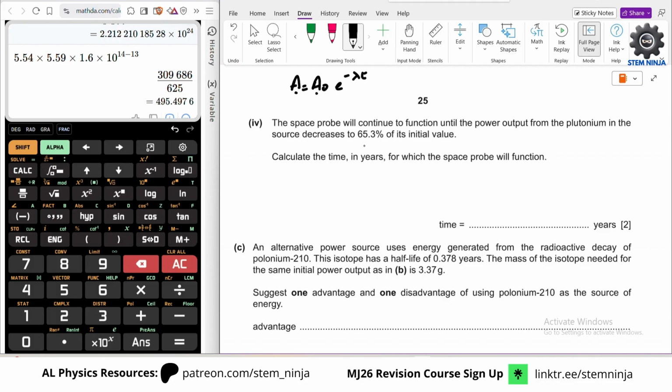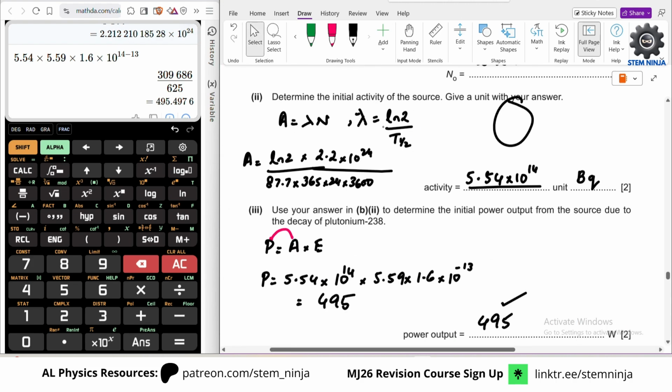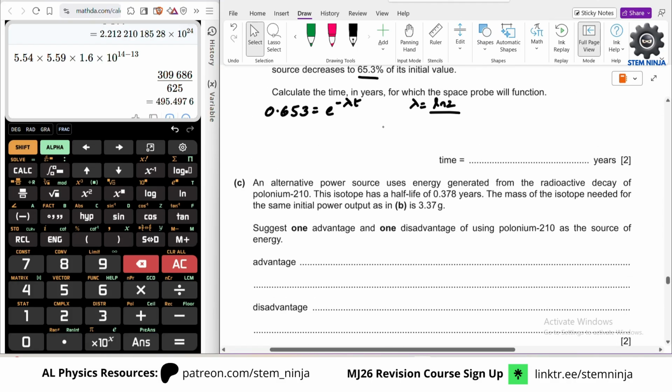A over A naught, they're giving us 65.3, so 0.653 is equal to e raised to power minus lambda t. And lambda is ln2 over half-life. We need this in years, so I think we can use the half-life in years. Okay, 87.7.